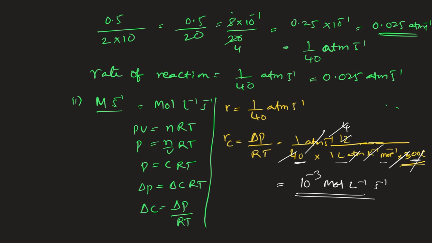Now another question: what is the pressure of B? We know that the rate of reaction is 1 by 40 atm second inverse.